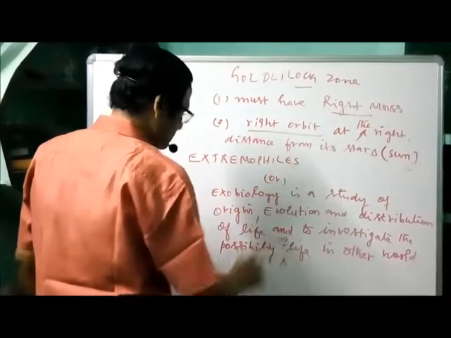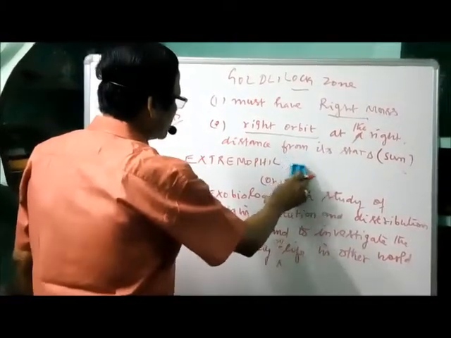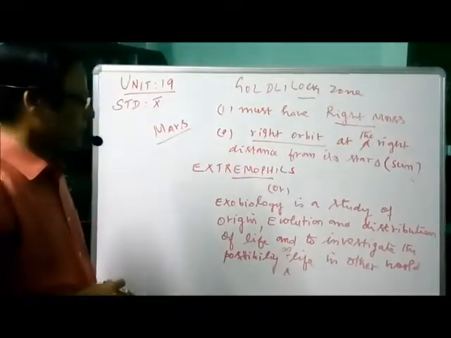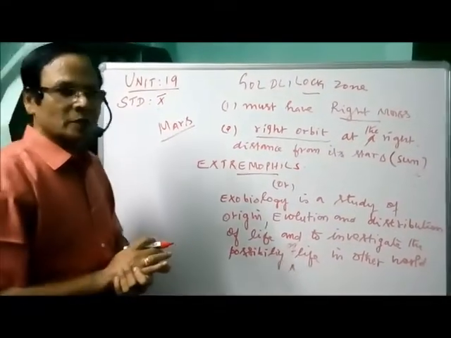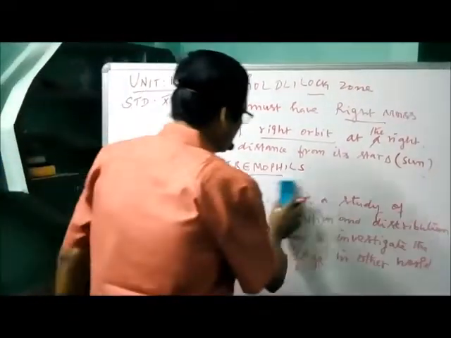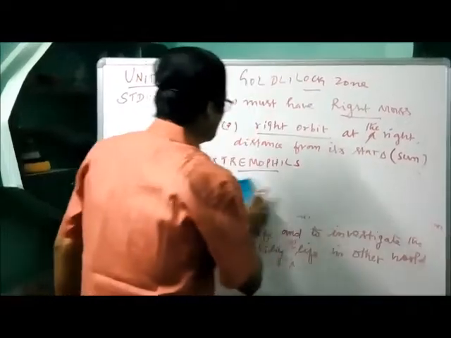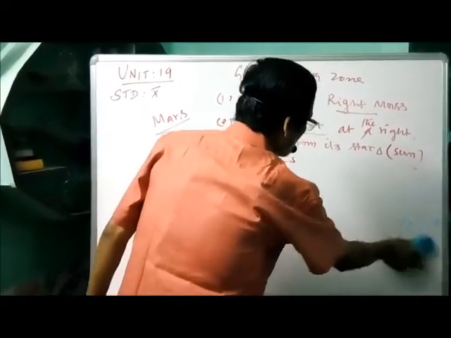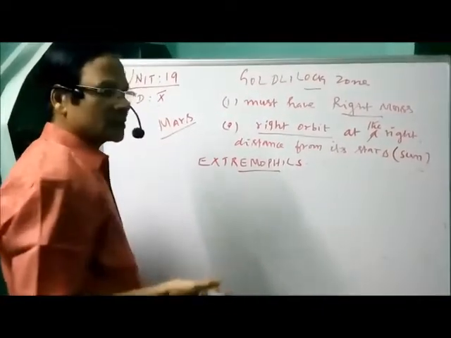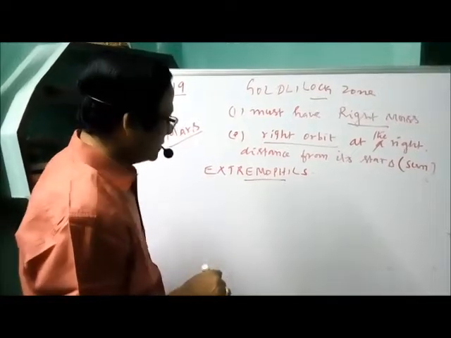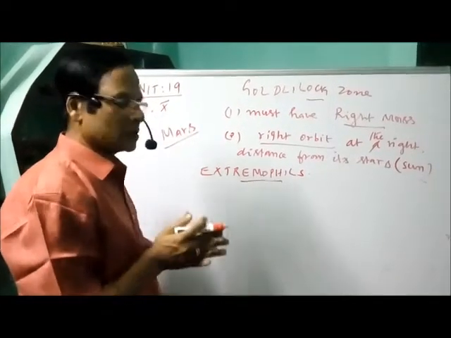Extremophiles, or extremophilous organisms: those organisms which live in extreme conditions are all extremophiles. That means some organisms are living in extreme cold conditions or extreme acidic conditions, or some organisms are living in extreme salt conditions.